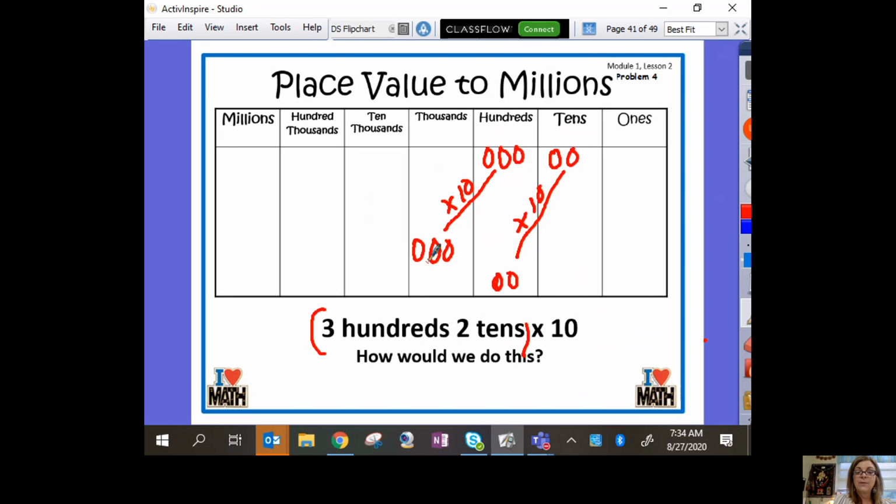So see here I have 3,000s. And I have now 200s. And if I wrote that in standard form, that would be 3,200. Wow, isn't that pretty cool? That saves us a little bit of time, doesn't it?